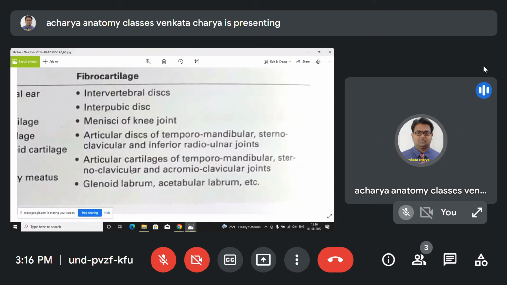Next, the articular disc of the temporomandibular joint, and the sternoclavicular joint, and the inferior radioulnar joint.